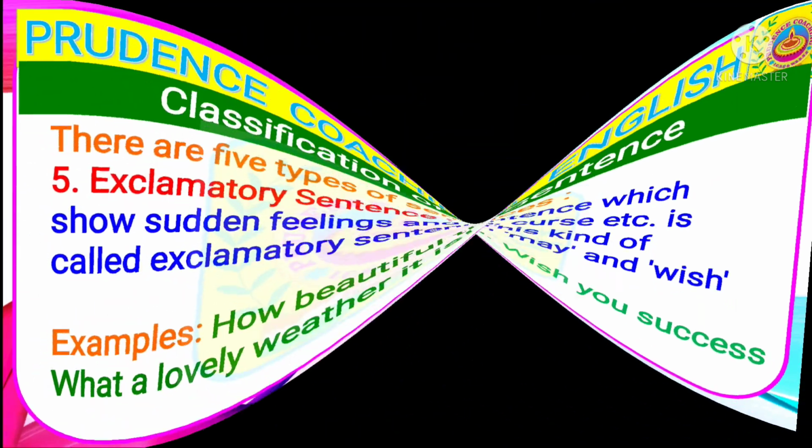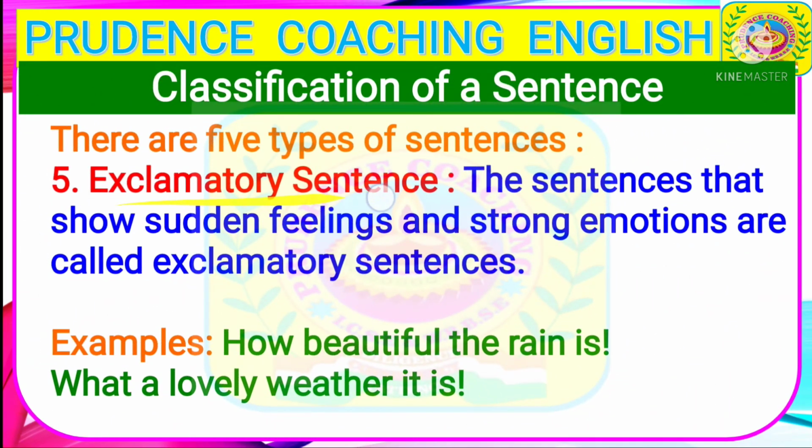Okay. Next, exclamatory sentence. The sentences that show sudden feelings or strong emotions are called exclamatory sentences. Exclamation. We are doing some exclamation. And as we know, if we are exclaiming something, then it is coming from our heart.